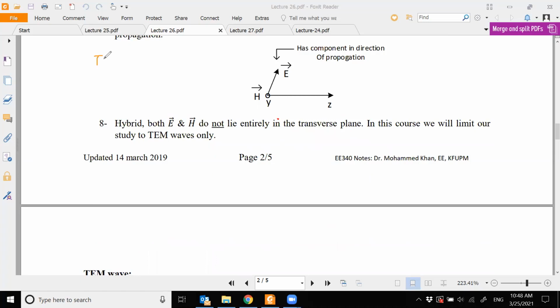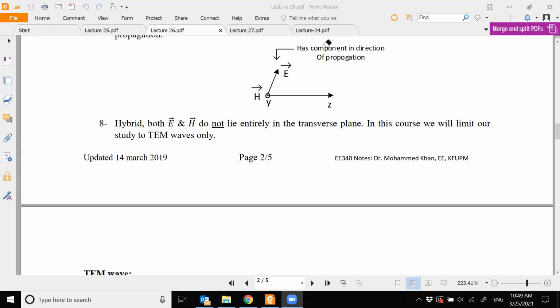In transverse magnetic mode, E doesn't completely reside in the transverse plane, so it can have a component in the direction of propagation. In the hybrid mode, both electric and magnetic field do not lie entirely in the transverse plane. That means both of them can have a component in the direction of propagation.